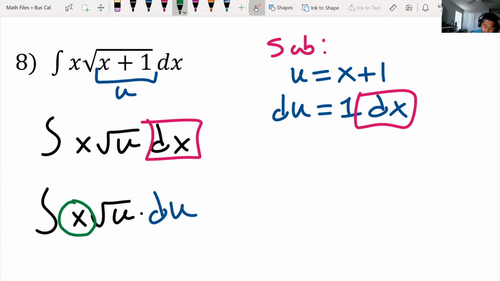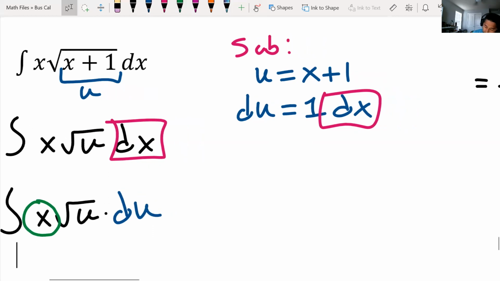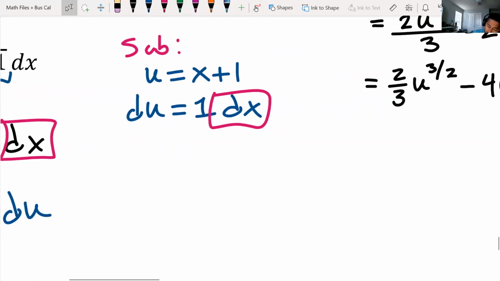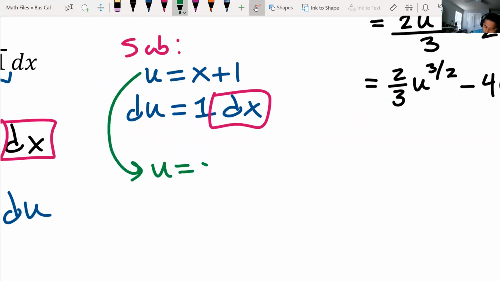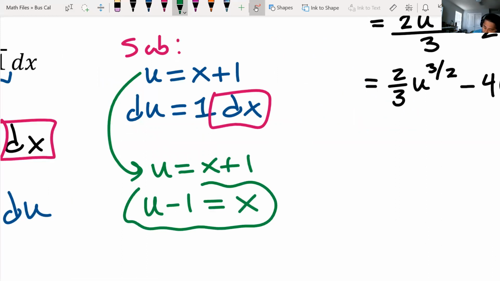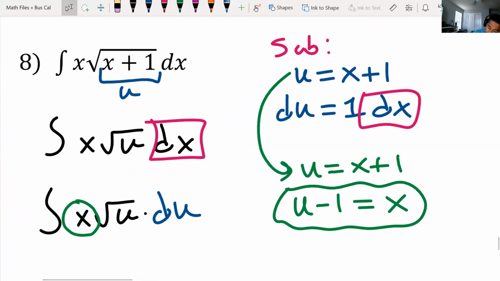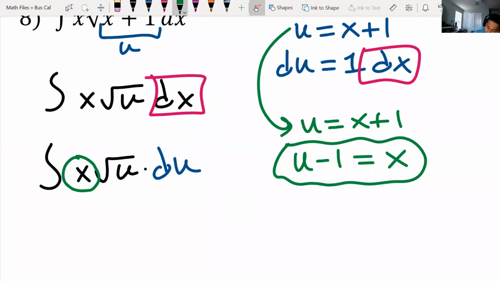So we go to our sub. And let's do that here. u equals x plus 1. Move that 1 over. And u minus 1 equals x. Which is going to go into here.